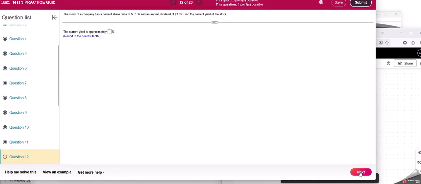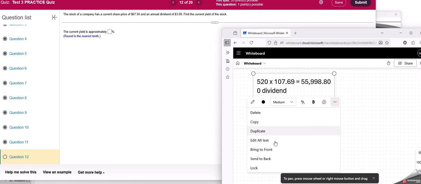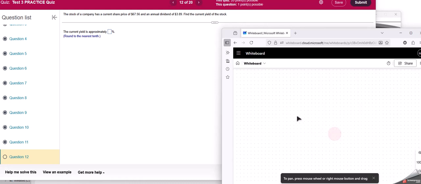The stock of a company has a current price of $67.56 and an annual dividend of $3.89. So again, we'll clear this out and we'll calculate that. The yield of the stock is going to be the dividend of $3.89, and we're going to divide that by the $67.56 that we paid.